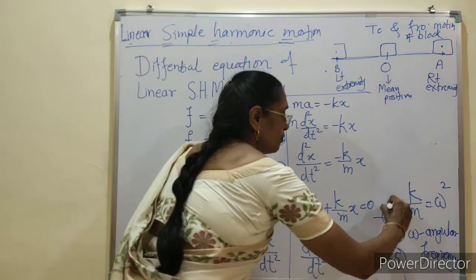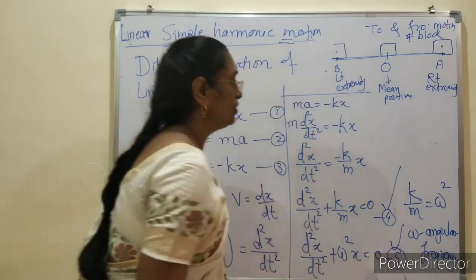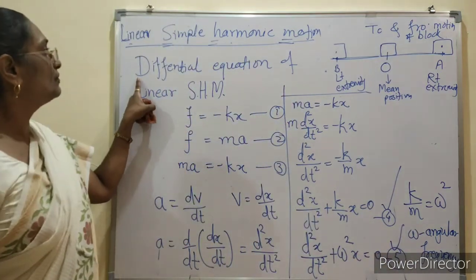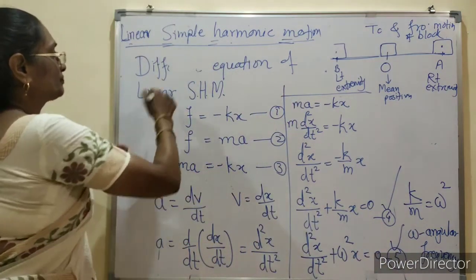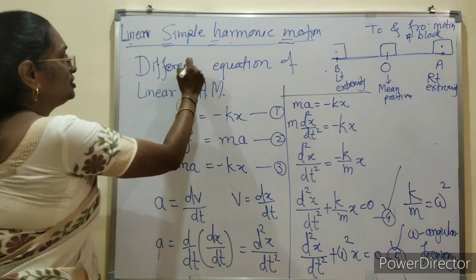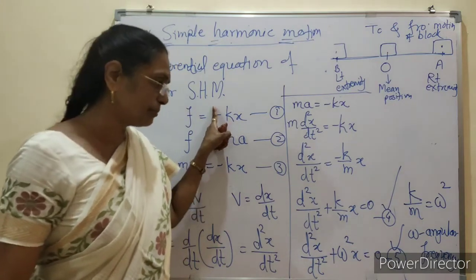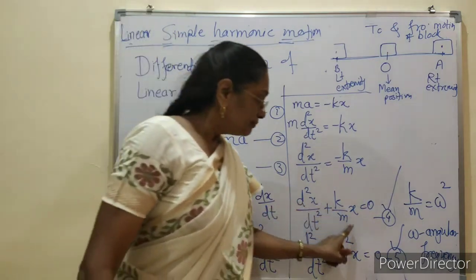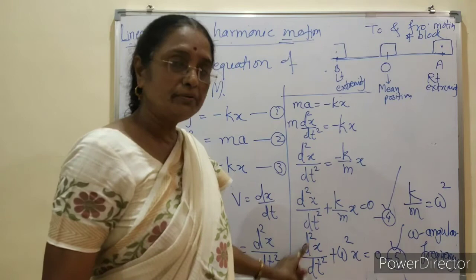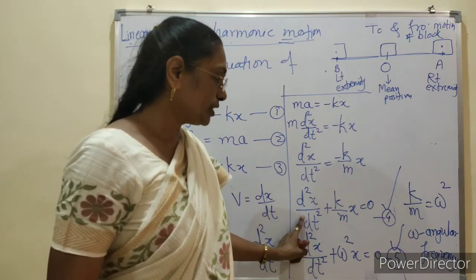So equation 4 and equation 5 give us the differential equation of linear S.H.M. It involves the derivative of x two times.